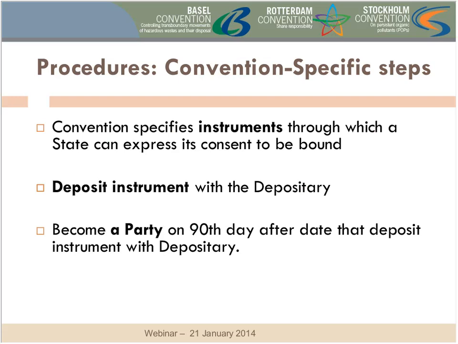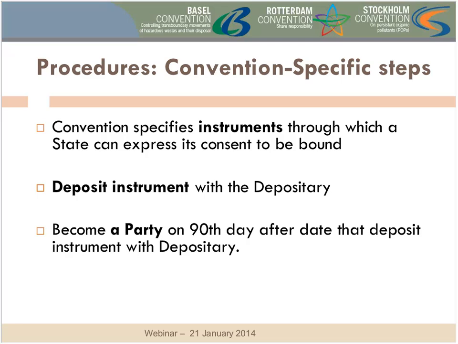The convention-specific steps first. Each convention specifies how a state can express consent to be bound. A key is that this instrument, whether it be for example, an instrument of ratification, an instrument of accession, would need to be transmitted to the depository of the convention.